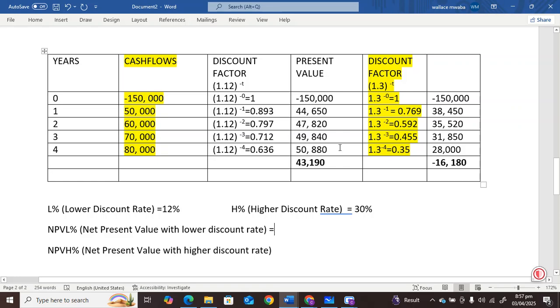So the net present value with the lower discount rate is this one, 43,190. We use the lower discount rate of 12%. And then NPV H% is the net present value with the higher discount rate. This one which we got as negative 16,108.